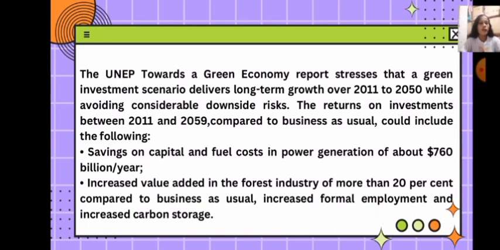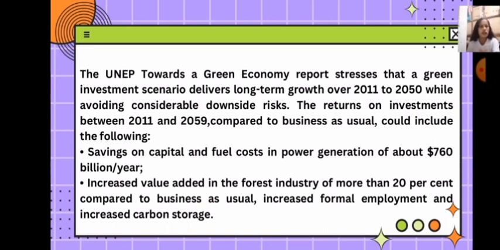So the concept of the Towards a Green Economy report stresses that the green investment scenario should deliver long-term growth, from 2011 up to 2050, where it avoids downside risks that hinder growth.